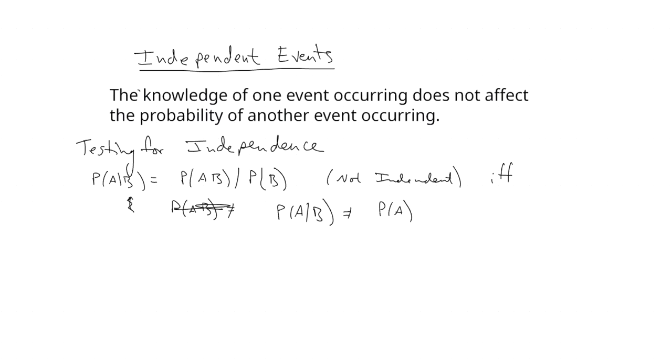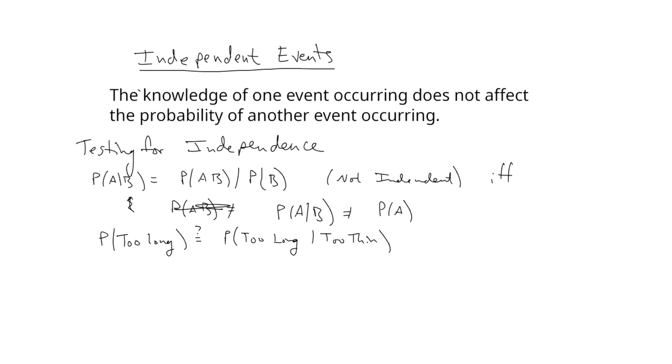So let's look at the bolt example. Does the probability that we have too long equal the probability that we have too long given it's too thin? Are these independent or not?